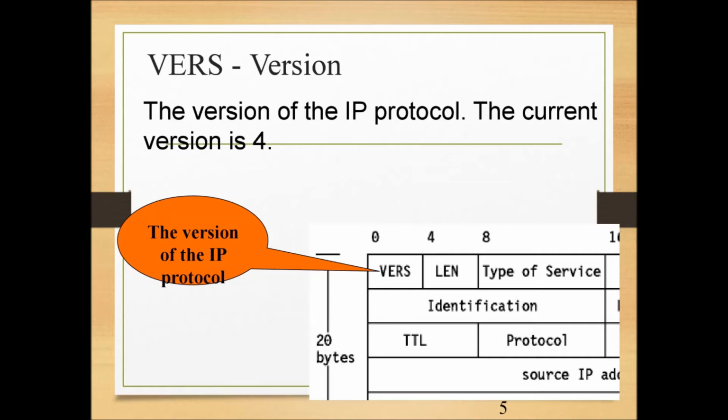VERS, version, the version of the IP protocol, the current version is 4. So dear students, as I have told you in the previous slide, we will discuss these portions of the header in our coming slides. The first portion was version, and the current version which we are going to use is IP version 4.